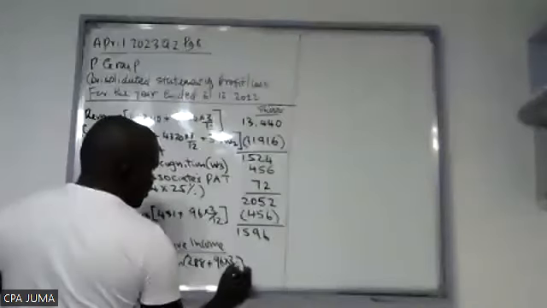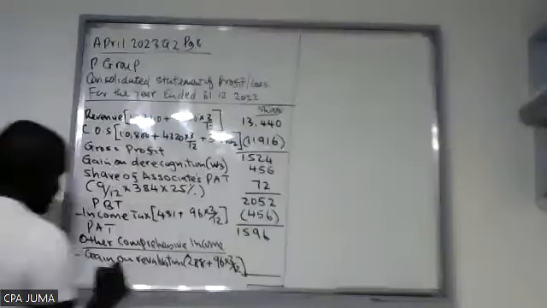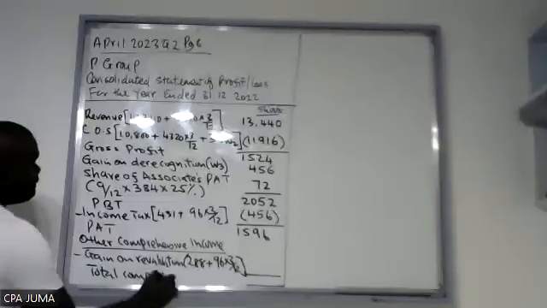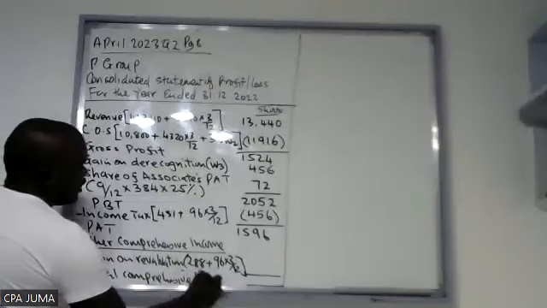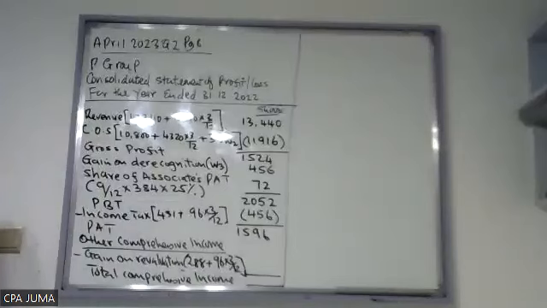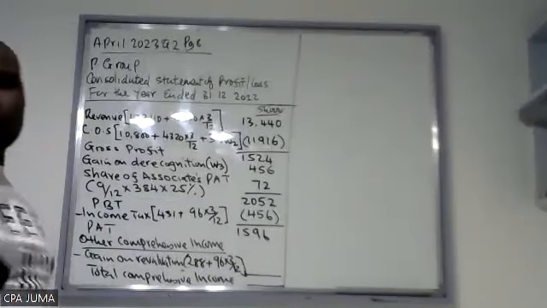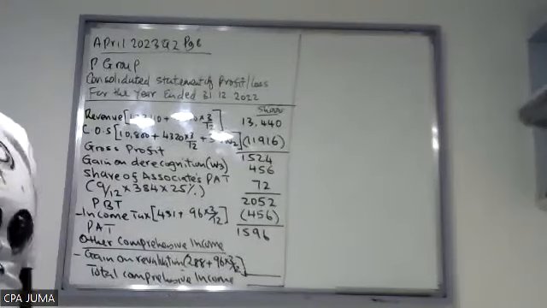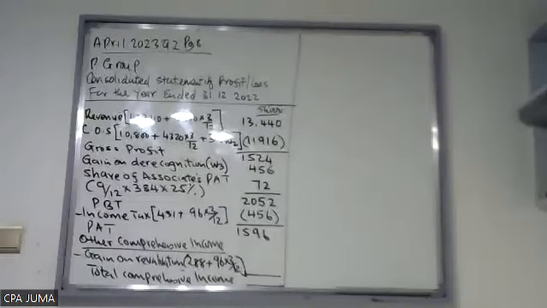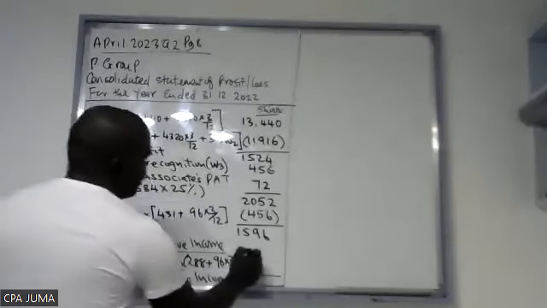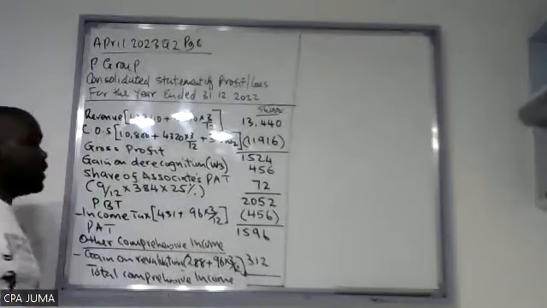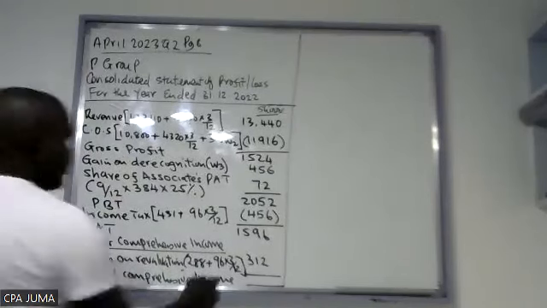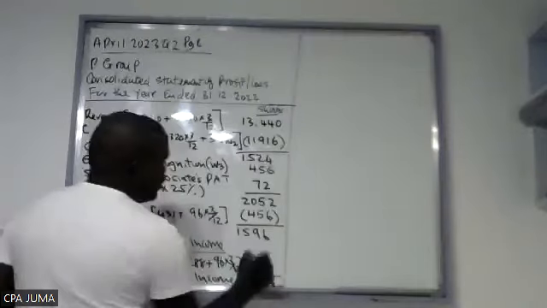Then we get total comprehensive income. So 312 plus 1,596. What do you get? 1,908. Thank you.